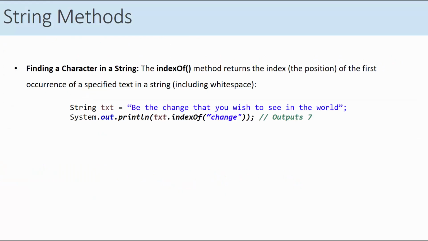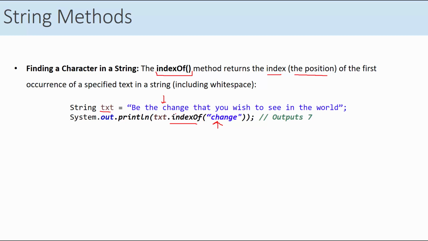Next method is indexOf. The indexOf method returns the index, which is the position of the first occurrence in the specified text. Here we have this string. If you use the method indexOf change, it will return the position of the first occurrence of the word change.